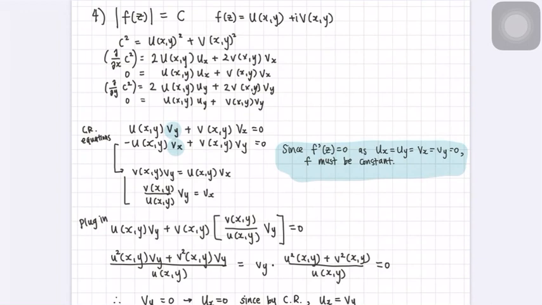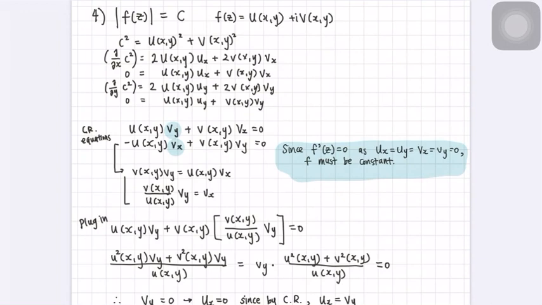For the derivative with respect to x, we get 0 equals u(x,y) times ux plus v(x,y) times vx. And for the derivative with respect to y, we get 0 equals u(x,y) times uy plus v(x,y) times vy.